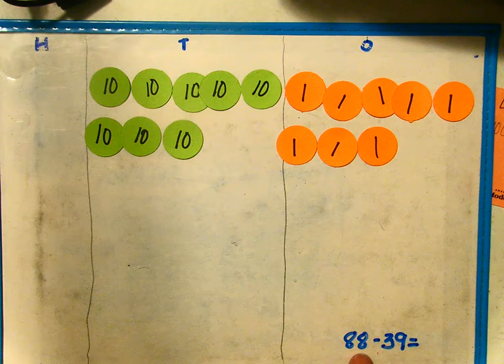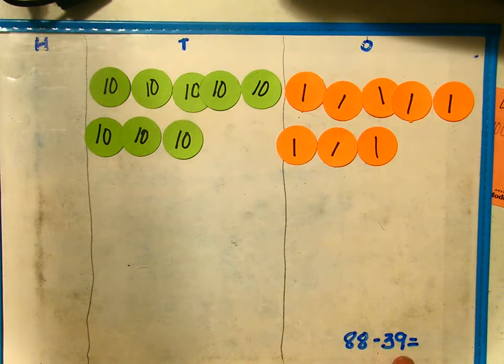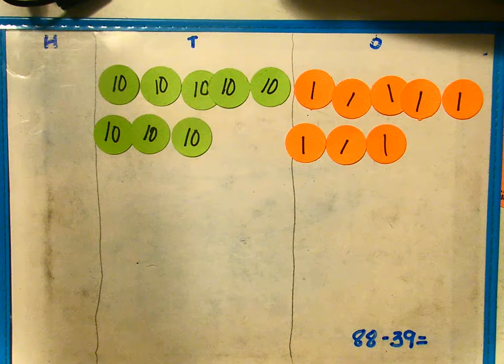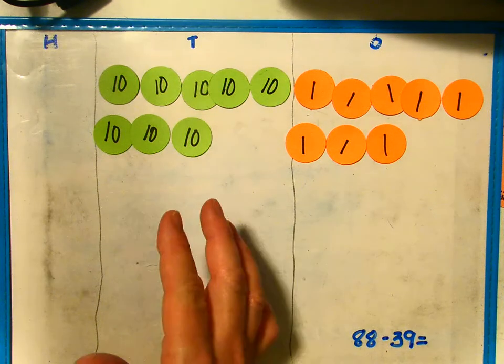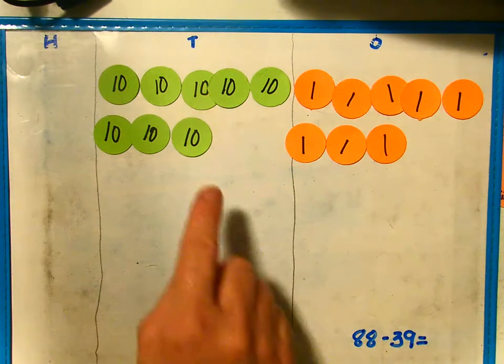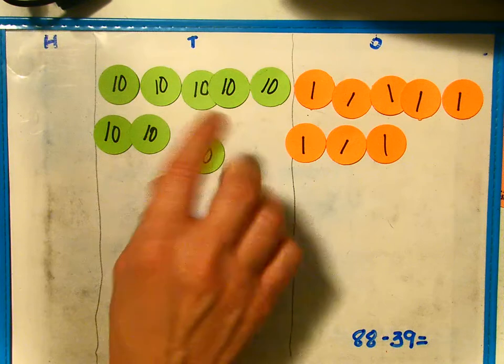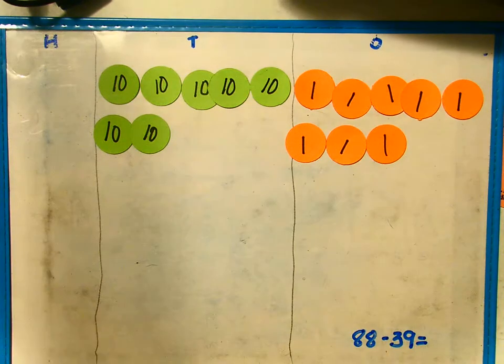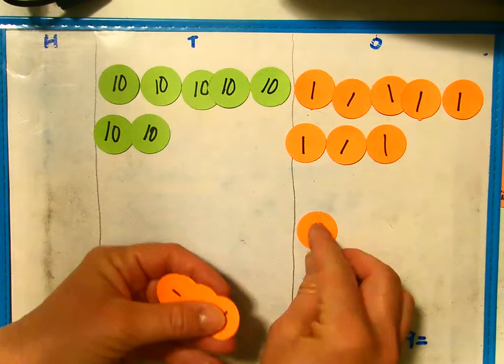Starting with the ones, we have 8. We need to take away 9 ones. Can I do that like it is? I can't. I'm going to need to unbundle or decompose one of these tens. So I'm going to break it up. I'm going to take that 10 and break it up into 10 ones.